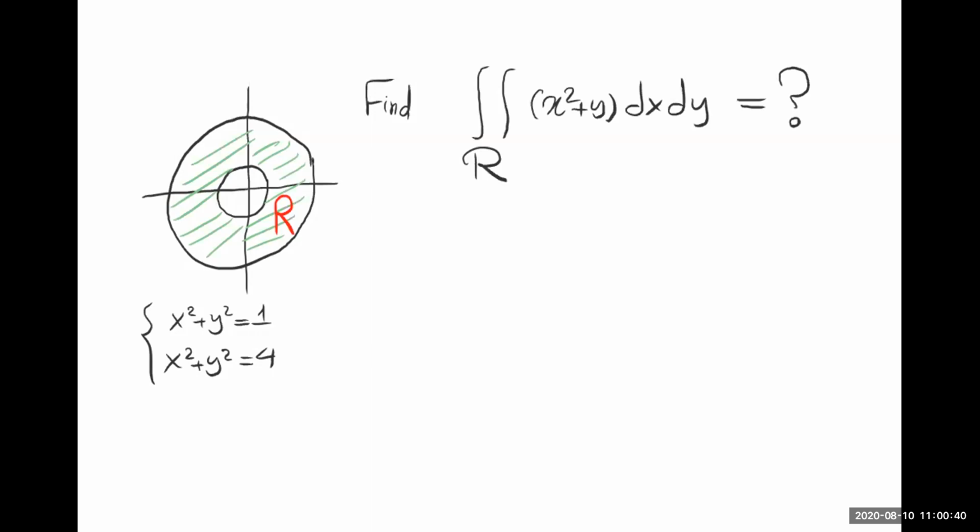This is part of the question. So why it's x squared plus y and not x squared plus y squared, it's part of the question. The question says, find the integral of this function over the region R.